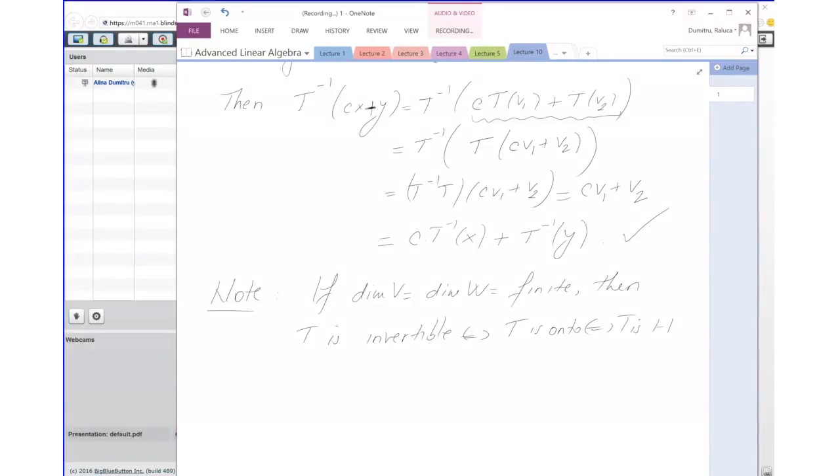You have everything, yes, but again, under that assumption. Equal and finite.